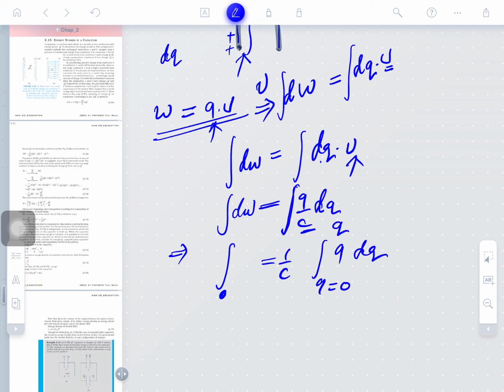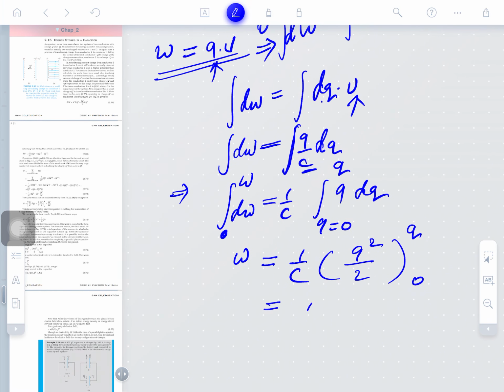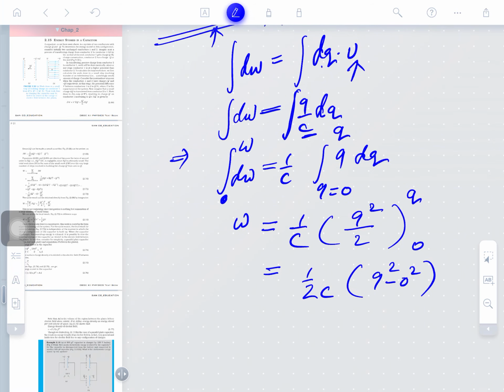When charge Q is given, the work done is W. Integrating, we obtain the expression W equals 1 by C times the integral, which gives Q square by 2, from 0 to Q. You studied the upper limit and lower limit in the 11th class, clear. So it is 1 by 2 C times Q square minus 0 square. Further, this can be written as W equals half Q square by C.